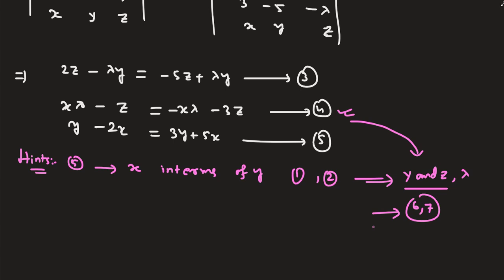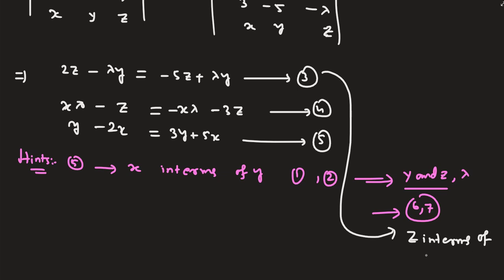Okay, now I am going to replace z again in terms of y. For this purpose, z in terms of y and lambda, I am taking not 4 but 3. I am utilizing 3 here, and in equation 4 I put z in terms of y and lambda. So I am getting two equations, 8 and 9, which contain y and lambda. Now solving these two equations, I am getting y as well as lambda.